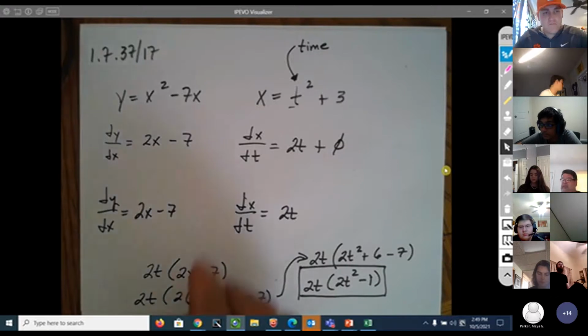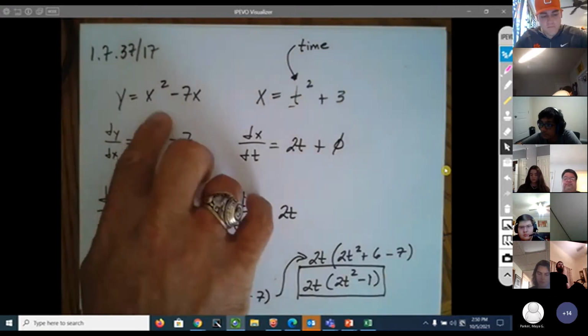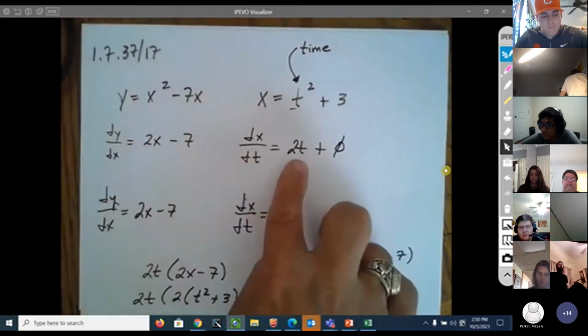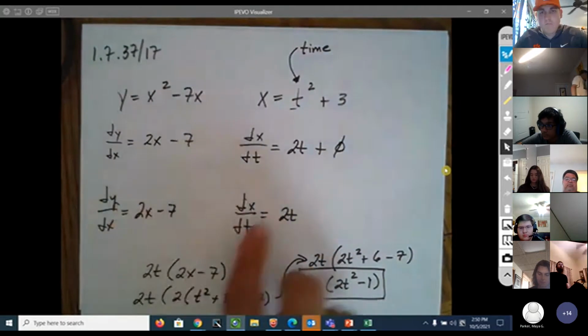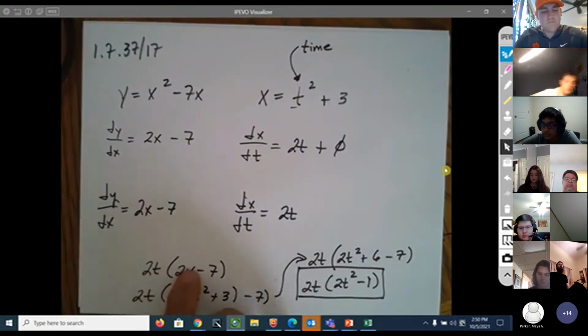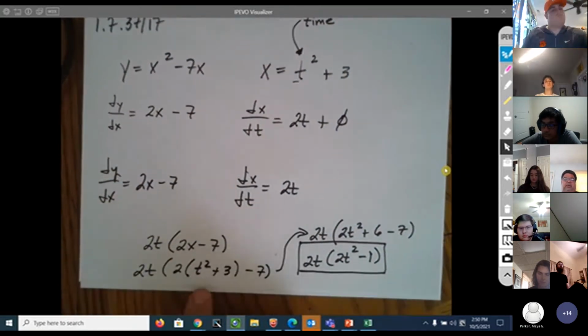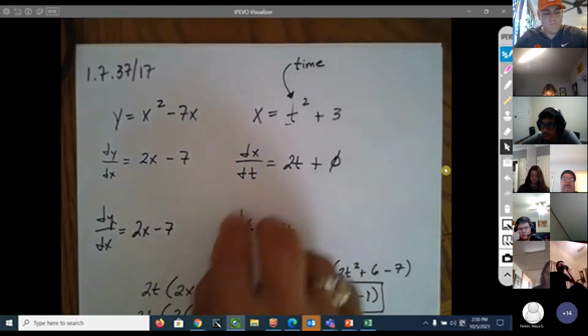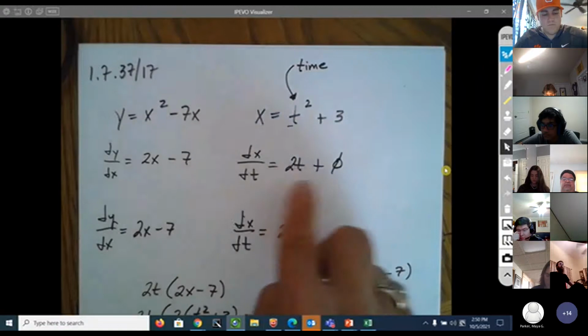So I took the derivative of this one. I took the derivative of this one. I multiplied them together, and then I plugged in what x is. I plugged that in with respect to t because this is in terms of t. I could have easily done it with x, but we don't have anything solved for t.